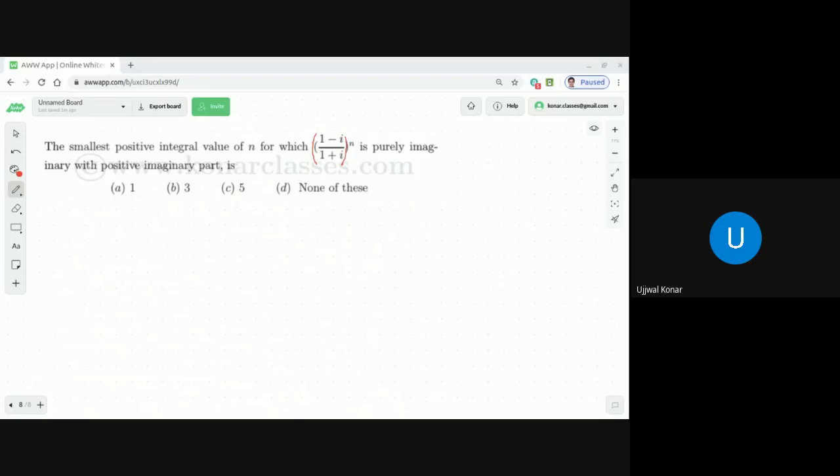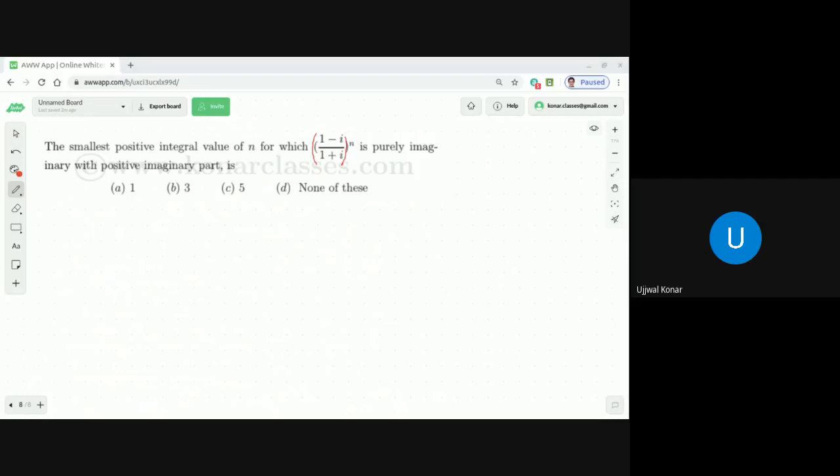First and foremost, if you simplify ((1 - i)/(1 + i))^n, what are you going to get? You need to first find that out. I got it, fantastic, Samir: (-i)^n. Appreciate it. That is actually 80% of the solution.